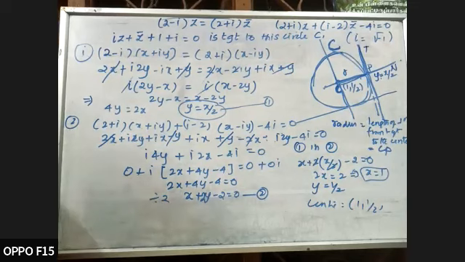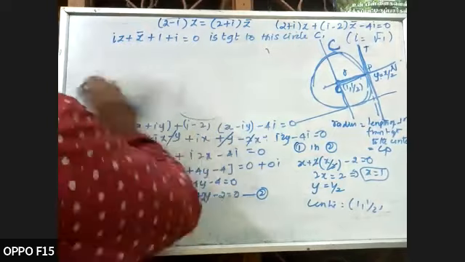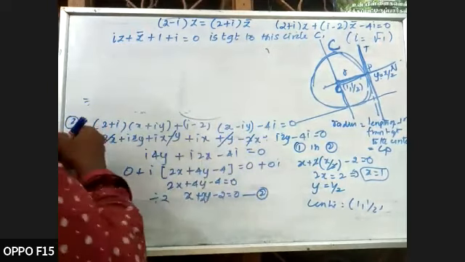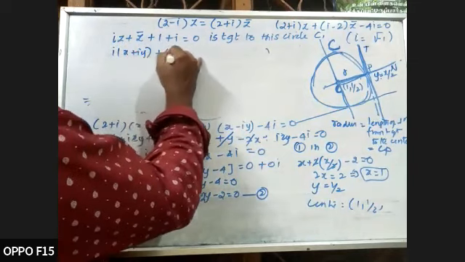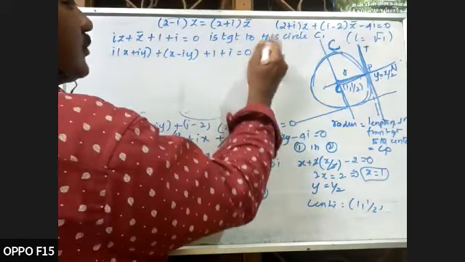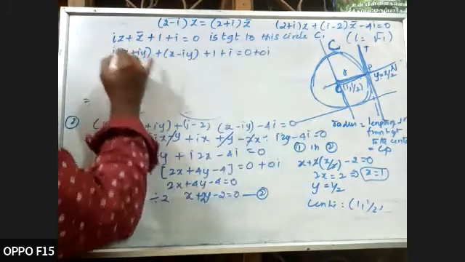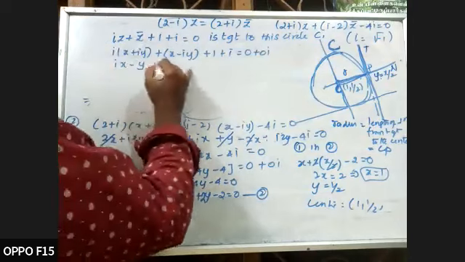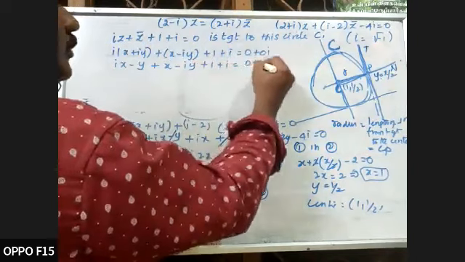So see the last steps. So now it is given that iz plus z conjugate. We will find this tangent. Iz is i into x plus iy, z conjugate is x minus iy, plus 1 plus i equal to 0. You can write this as 0 plus 0i. Now ix, i square becomes minus 1, minus y plus x minus iy plus 1 plus i equal to 0 plus 0i.